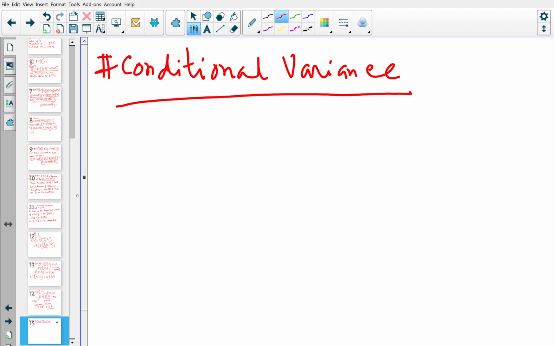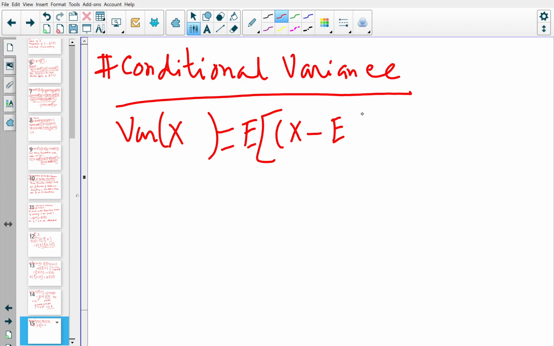You remember we defined the variance: if X is a random variable, then we define the variance of X by the expectation of X minus the expectation of X, whole square.